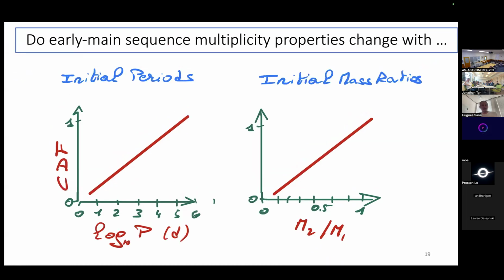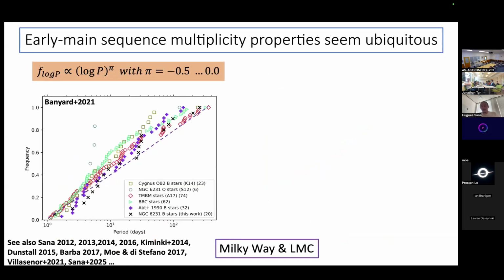So of course the question is, that's the simple picture, but can we see that there are differences with mass range, with metallicity, with the environment, with the age, for example? And that is what I do in this plot. On the left-hand side is only a period distribution measured for O-type stars, for B-type stars, in denser clusters, in the Milky Way, in the Large and Small Magellanic Clouds, in much less dense OB associations, and you see that there are very, very few differences.